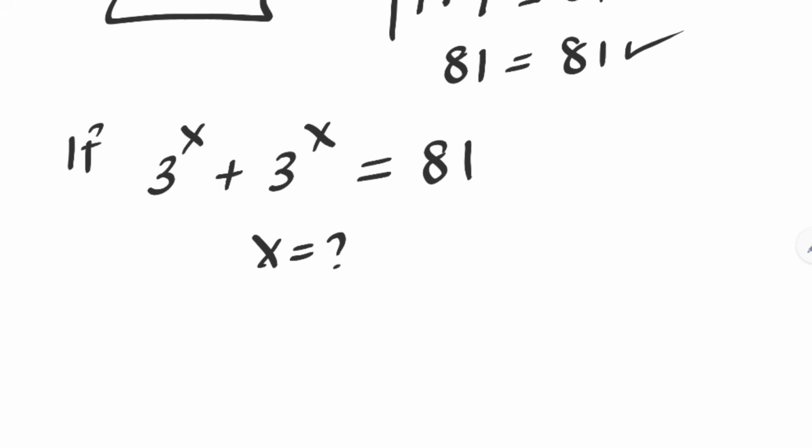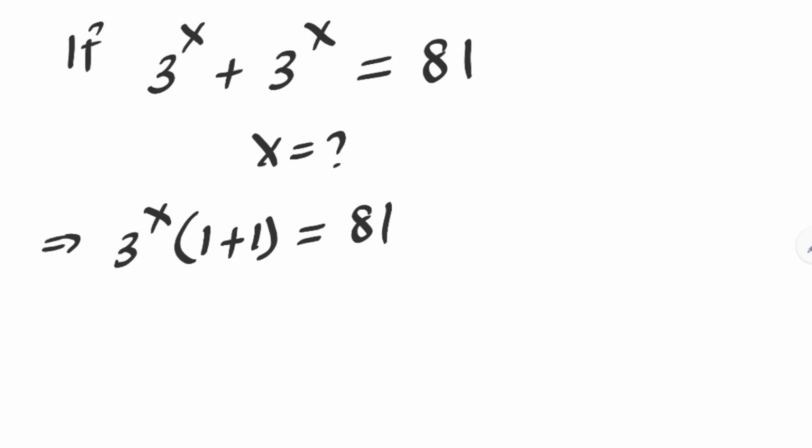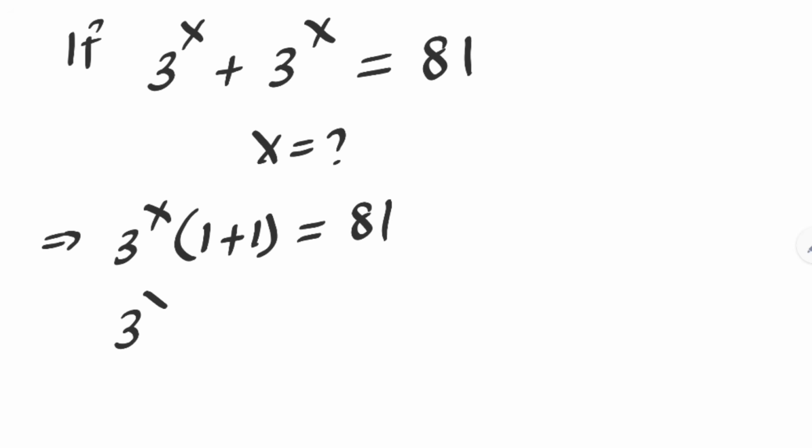Let us bring it out. 3 raised to power x bracket this 3 raised to power x divided by this 3 raised to power x, that is 1, plus 3 raised to power x divided by 3 raised to the power of x, that is 1, is equal to 81. 3 raised to the power of x multiplied by 1 plus 1, that is 2, is equal to 81.